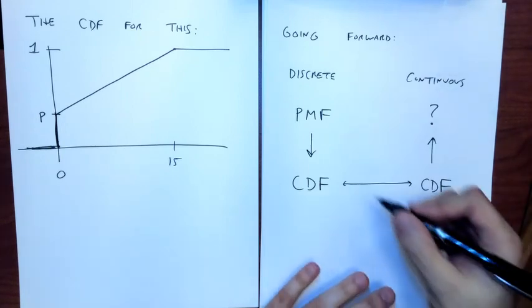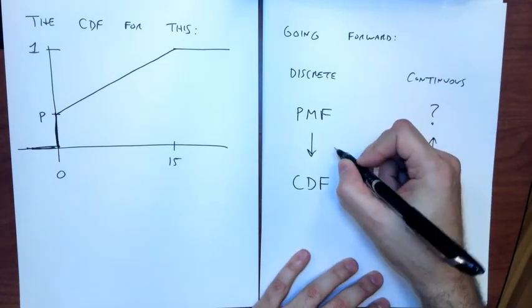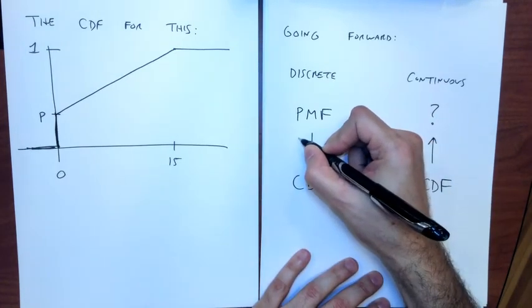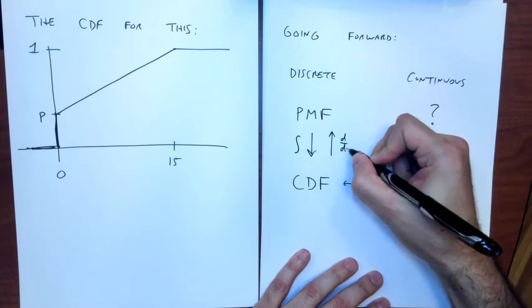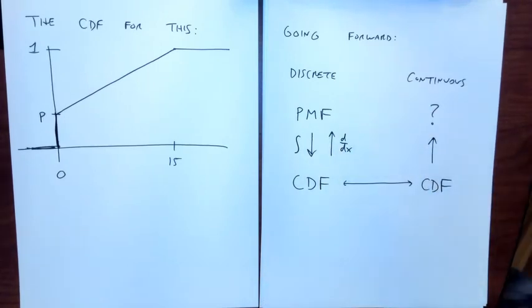And the preview again is that since this is an integral and this is a derivative, what you expect to happen is that we're going to be differentiating the CDF, okay? And as I mentioned earlier, get ready for doing a bunch of integrals.